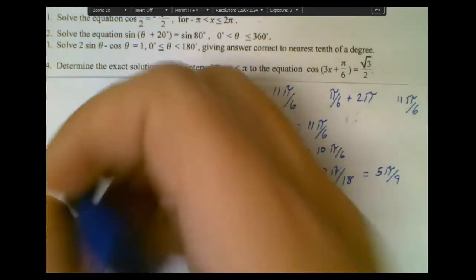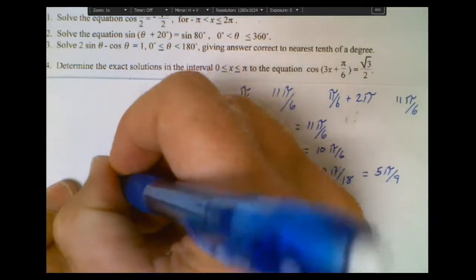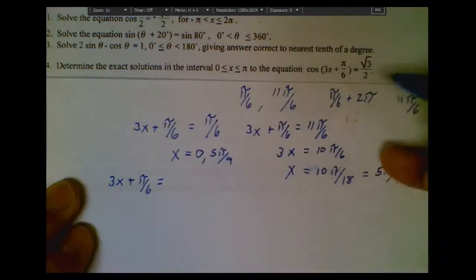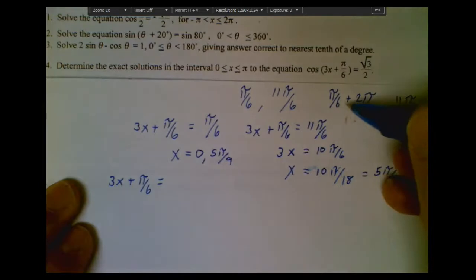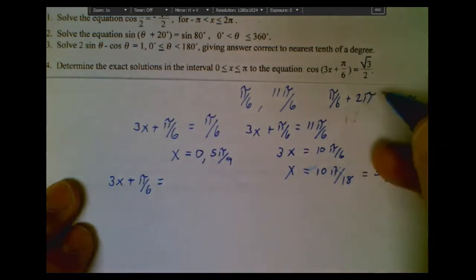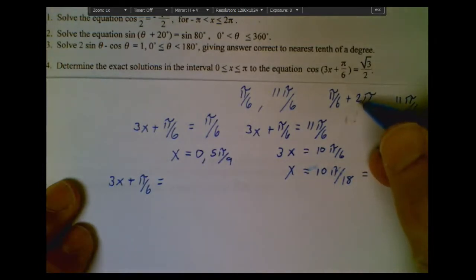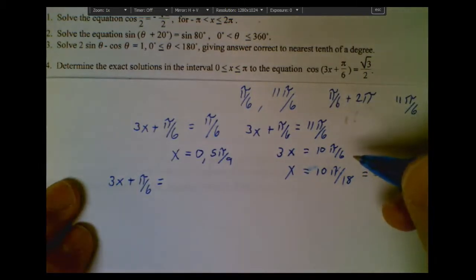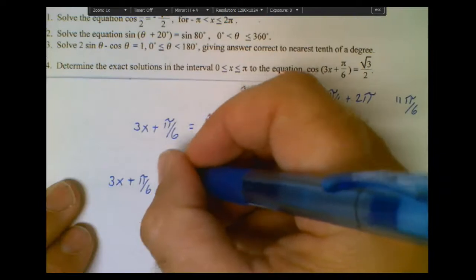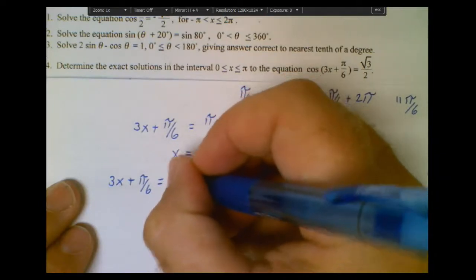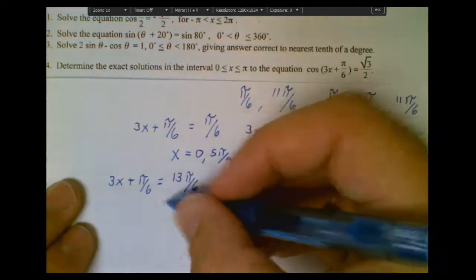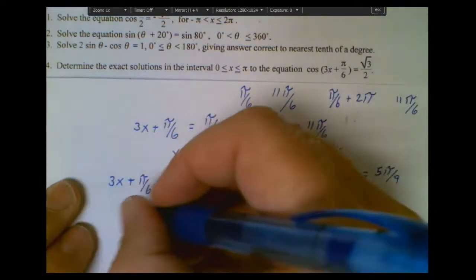If I do my 3x plus pi over 6 and set it equal to this, let me see if I can turn that into one fraction. If I use common denominators, think of this as 12 pi over 6 plus 1 pi over 6, so 13 pi over 6. If I start working from here, subtract pi over 6, I'm now down to 12 pi over 6.